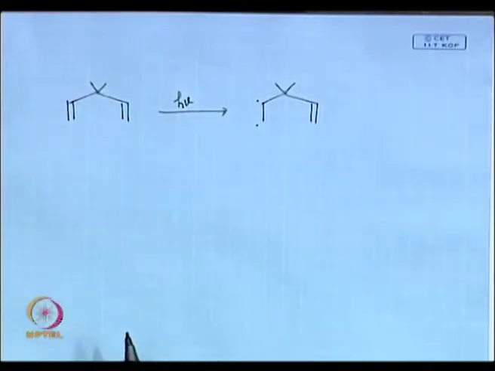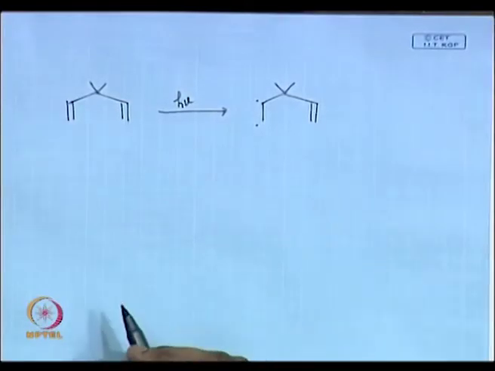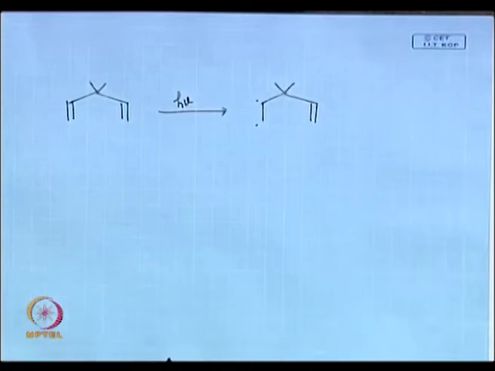I can use a sensitizer, since direct photolysis is hard, take it to the triplet state, and then it is radical chemistry. Most of the time di-pi-methane rearrangements are seen as radical chemistry, not zwitterionic.